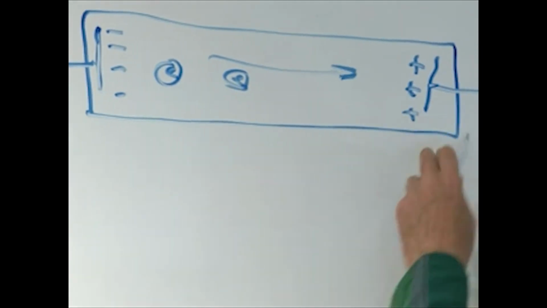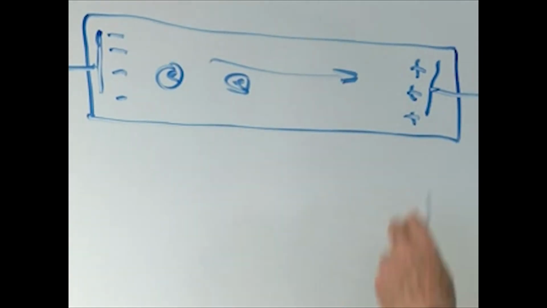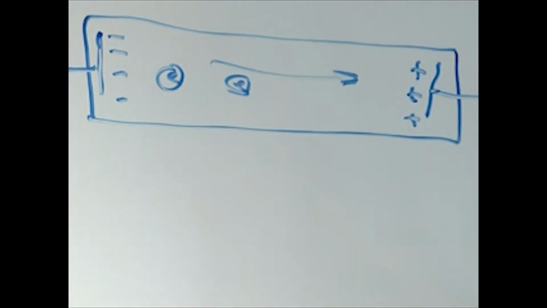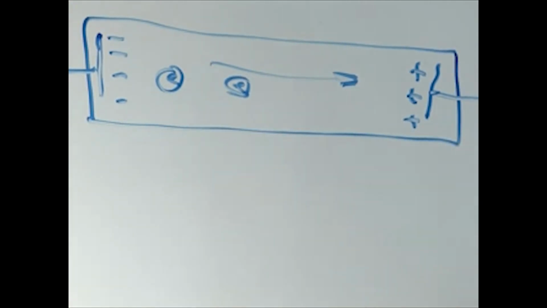And we could put a phosphor on here, and they would hit the phosphor and light up, and that's essentially the basic idea of a cathode ray tube. But these aren't flowing with a uniform velocity, they're accelerating in an electric field.